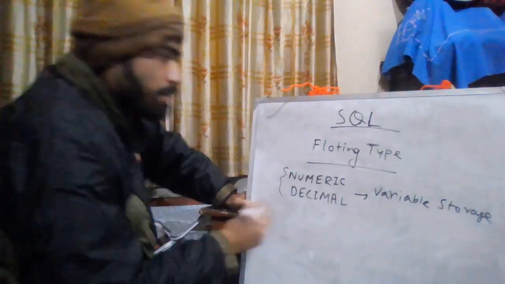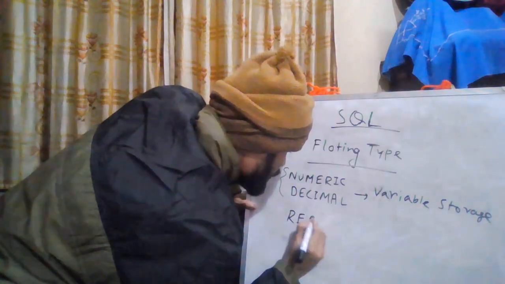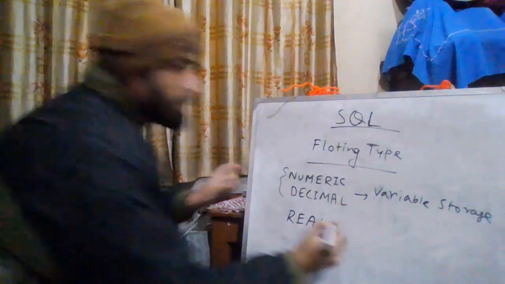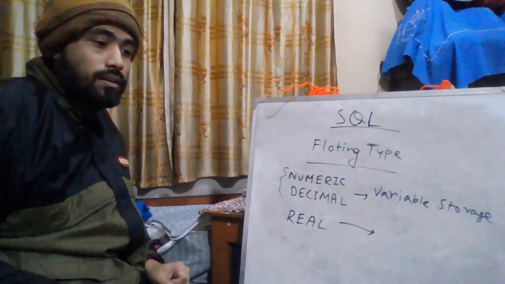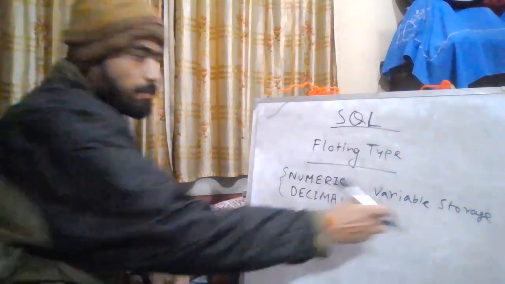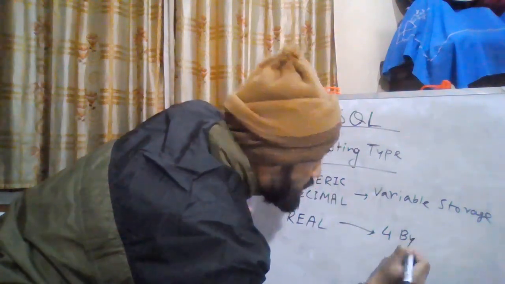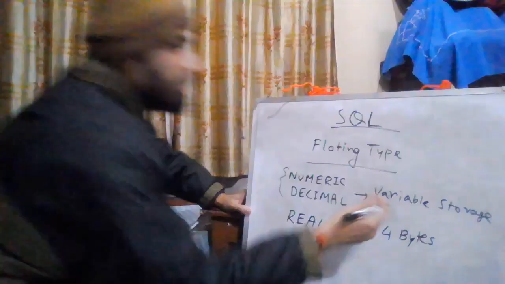It is variable storage. Now, another one is real data type. Real data type is fixed. This is variable storage, now this is fixed. The size is fixed: 4 bytes.